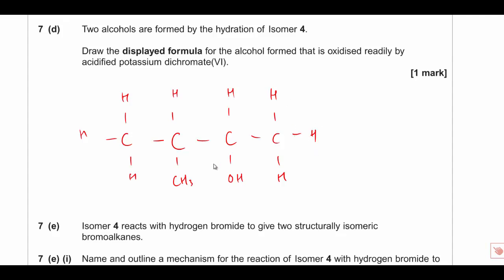Now the error I've made is that it's a displayed formula, so all bonds must be shown, and I believe that is correct. So a secondary alcohol has been formed there, which is oxidised readily, and that's the key thing. One nice little mark. Got to include all the bonds there, otherwise you are just given the bond. That includes the OH bond.